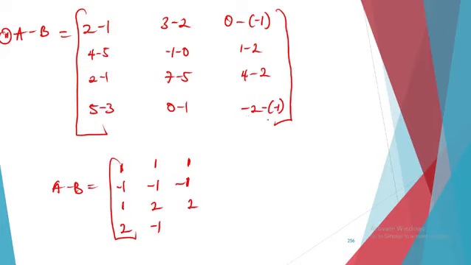And minus 2 minus minus 1 gives us minus 2 plus 1, which is minus 1. And that's just the answer. That's just how to do addition and subtraction on matrices.